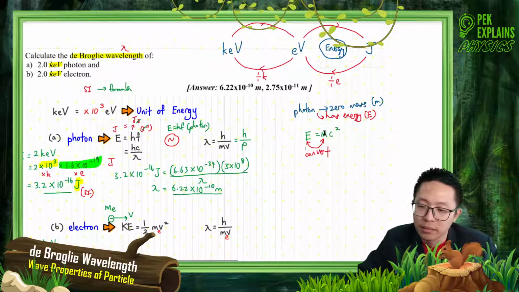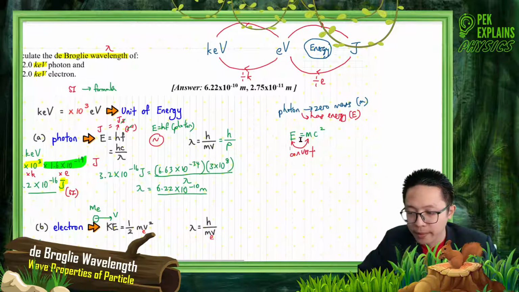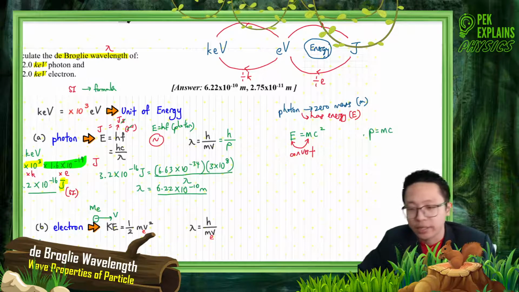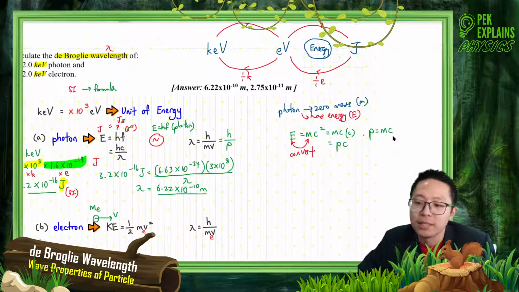If we look at this formula, E equal to mc square, the momentum, we know that the momentum is mass times velocity. The velocity for photon, for light, is the speed of light. So this equals mc times c, isn't it? mc times c, mc square. So actually this is pc.